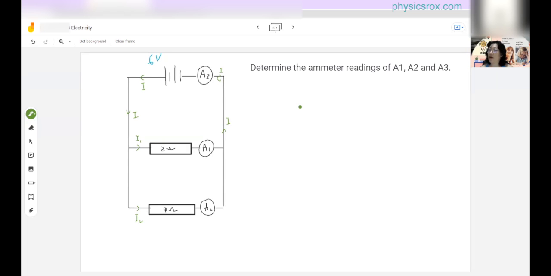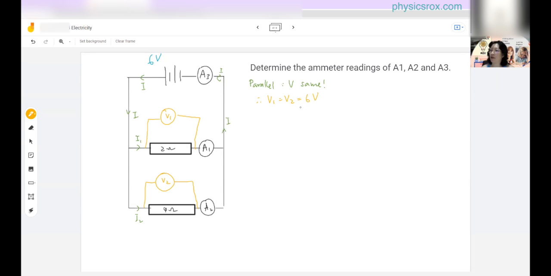As long as there is nothing else in the circuit, only a resistor here, then you remember, for parallel, V is the same. That means now if I put a voltmeter here, V1, and I put another one here, V2, they are all the same, that means V1 equals V2 equals 6 volts.